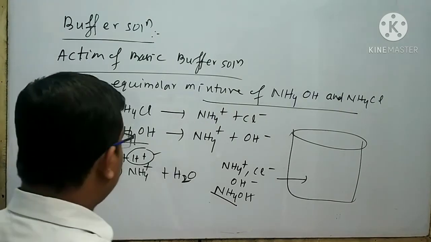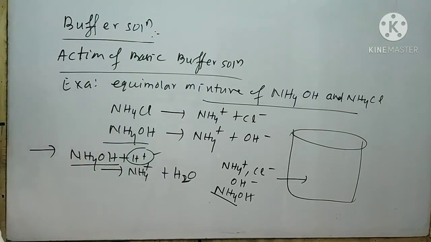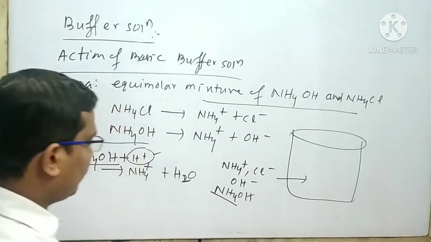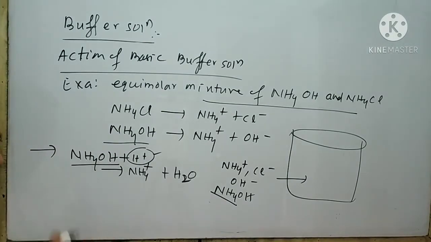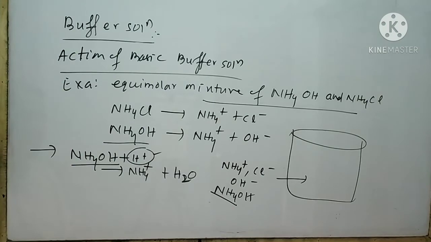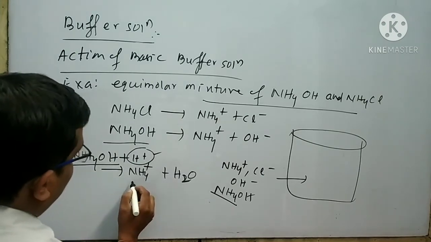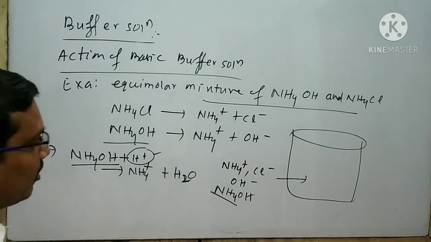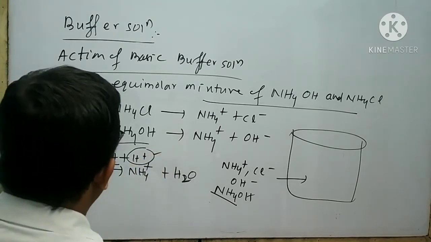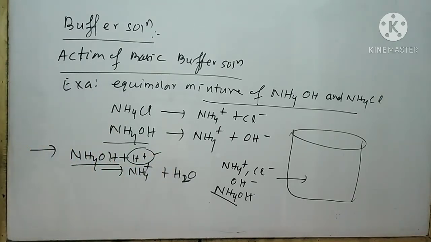But remember, if the added H+ ion did not react with the NH4OH, then it could affect the pH value of the buffer solution. But here, the H+ ion suddenly reacts with the NH4OH and forms NH4+ and water. So the added H+ ion does not affect the pH value of this buffer solution.